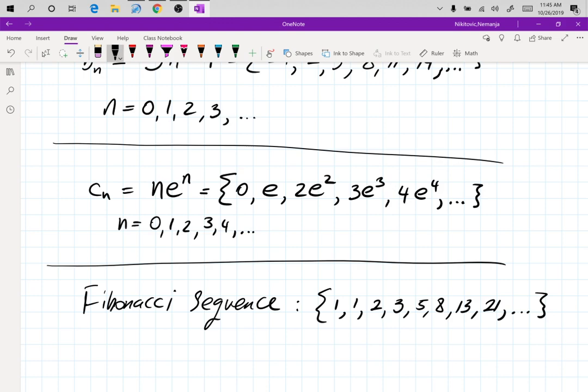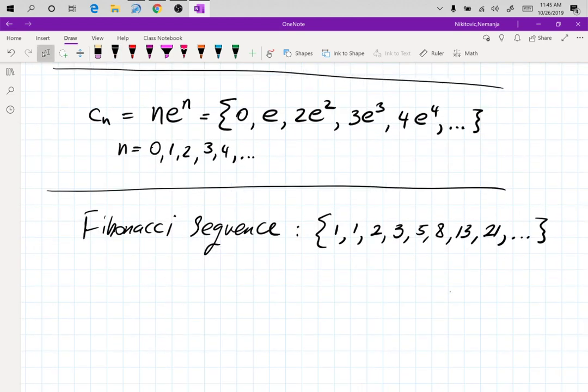The Fibonacci sequence adds two numbers to come up with the next. The Fibonacci sequence is ordered, right? So it's ordered, but it's not ordered through counting numbers. It's ordered through what we call a recursion formula.